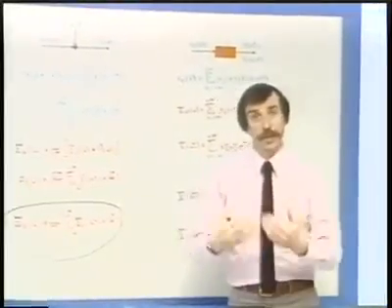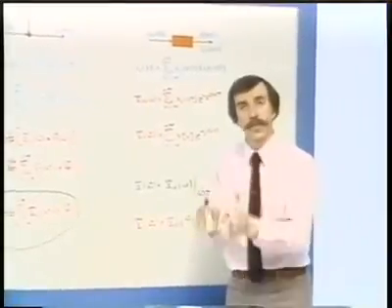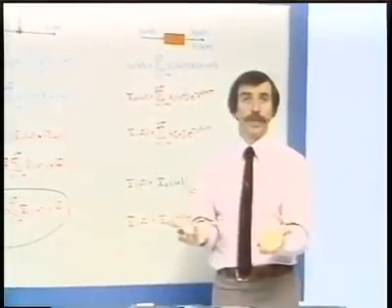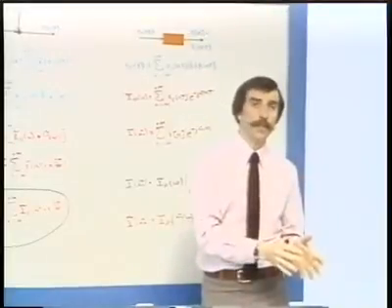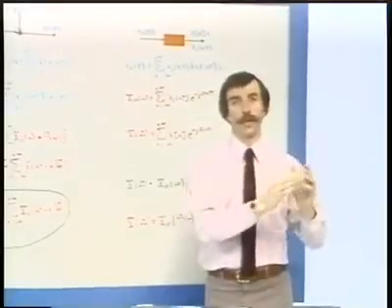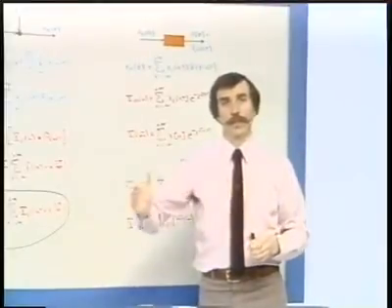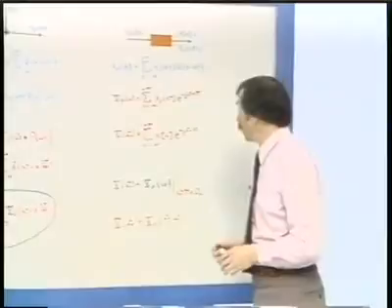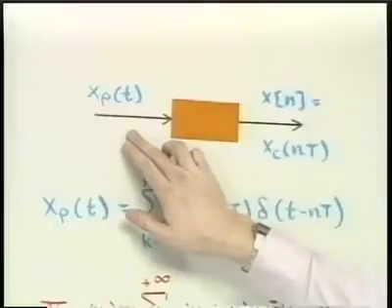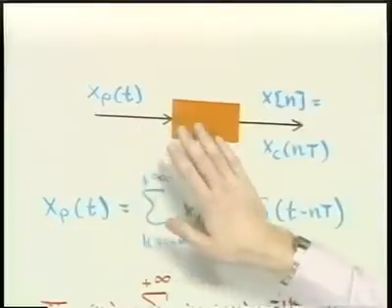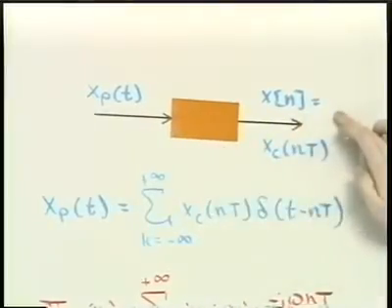Now, I emphasize that it's a two-step process. The first process is sampling, where we're still essentially in the continuous time world. The next step is essentially a relabeling process where we convert that impulse train simply to a sequence. So let's look at the next step. The next step is to take the impulse train and convert it through a process to a sequence.